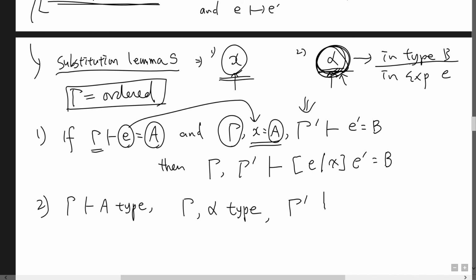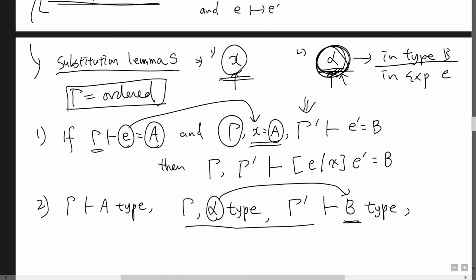And suppose that under this typing context, we have another valid type B. Because B is a valid type under this typing context, this alpha may appear inside the type B. So if we apply type substitution on type variable alpha, this type B is also subject to this type substitution.